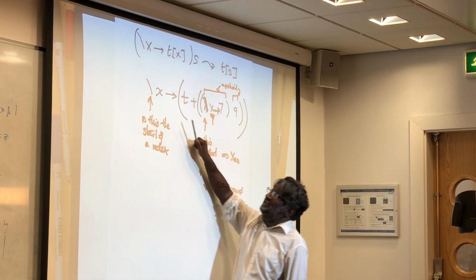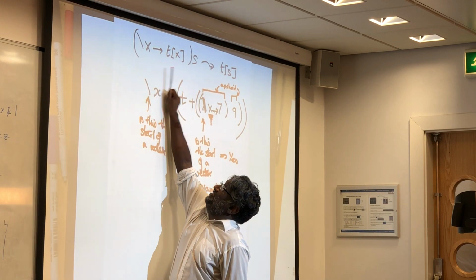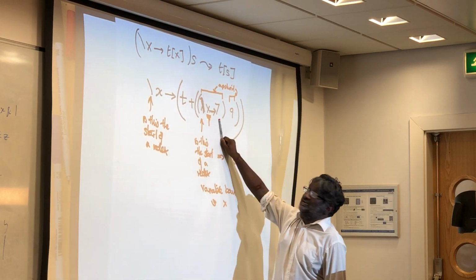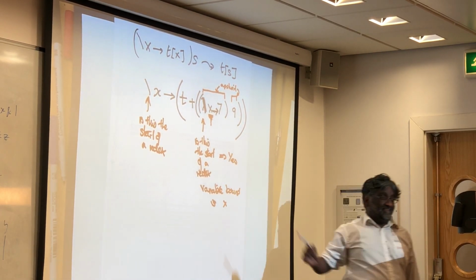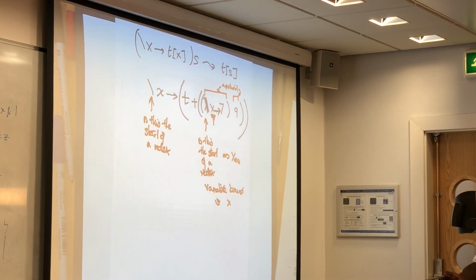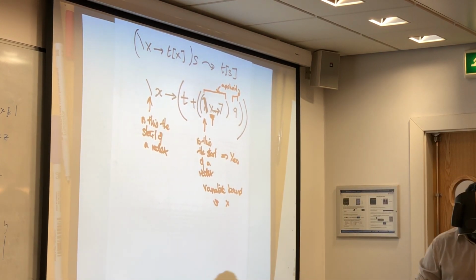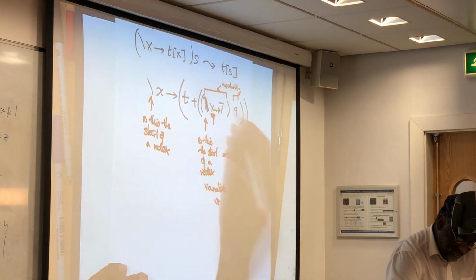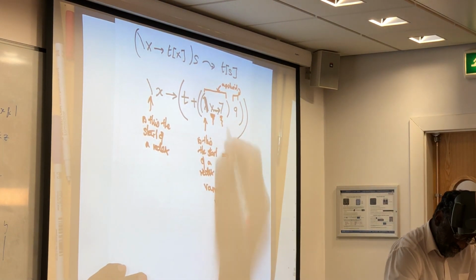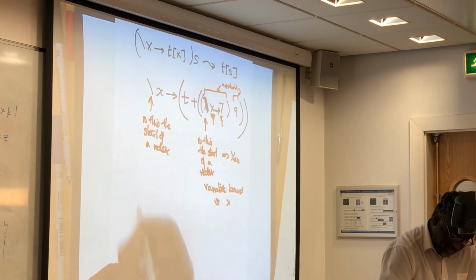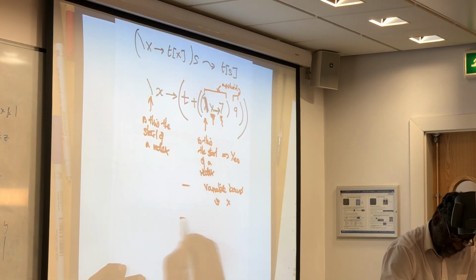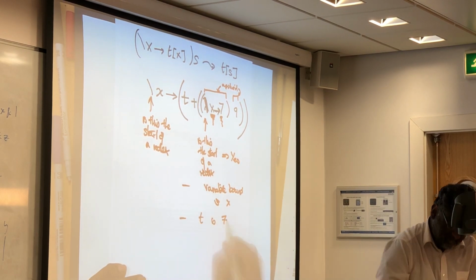Read after me. If this is lambda x arrow t, this is lambda x arrow 7. So the t is 7.